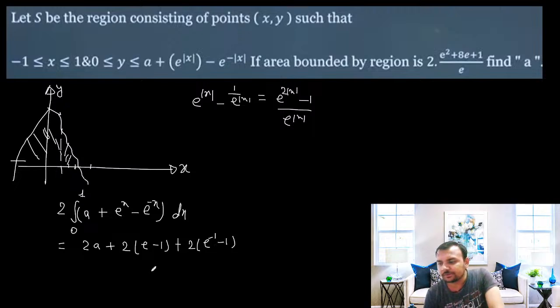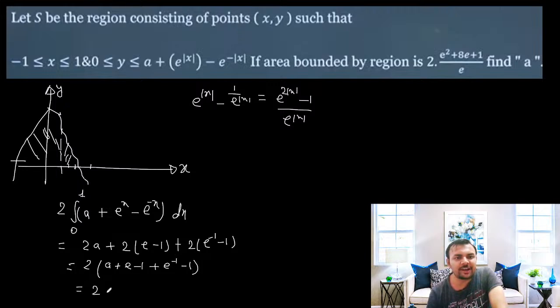Okay. So it is 2 common, and we have a plus e minus 1 plus e minus 1 minus 1. So if we try to solve it, it is nothing but minus 2 minus 2e, ae plus e square plus 1 upon e.